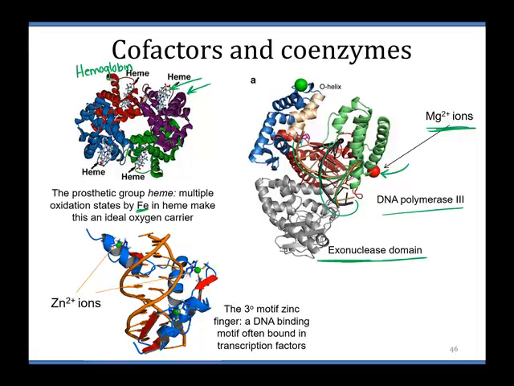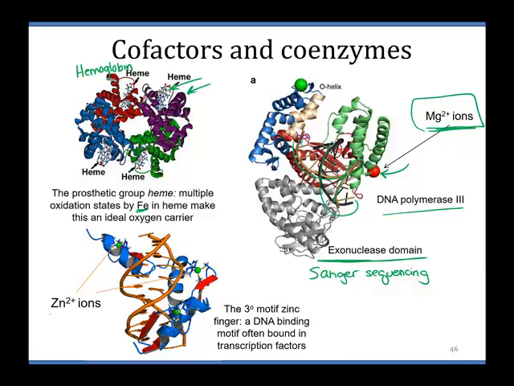One of the things we do during our Sanger sequencing reaction in lab is we actually have to add magnesium ions in order to make sure that our DNA polymerases work properly in order to do our Sanger sequencing reaction.